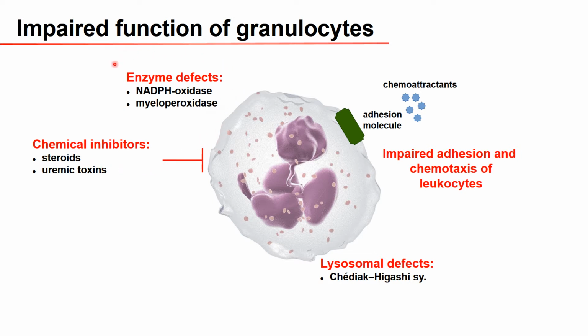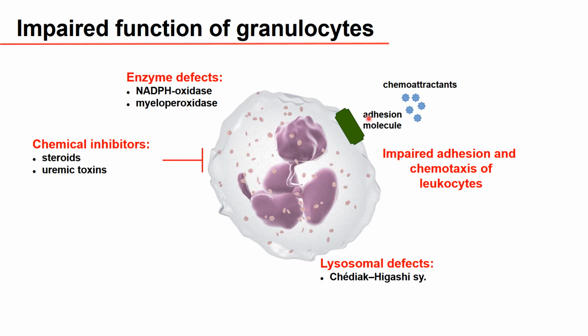Another problem, for example, can be if you do have some enzyme defects, for example, NADPH oxidase or myeloperoxidase deficiency, again, the function of the granulocytes will be affected. And mostly this patient who's suffering will develop some granulomatous diseases, because any kind of acute inflammatory reaction will be a chronic one because it cannot be consolidated.